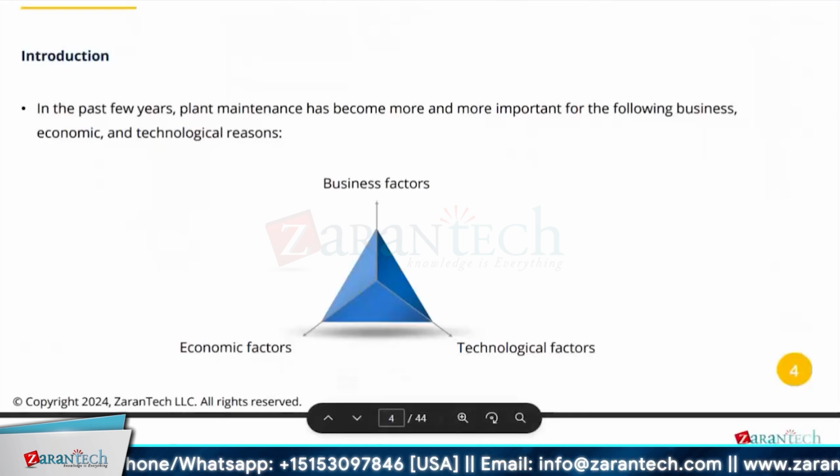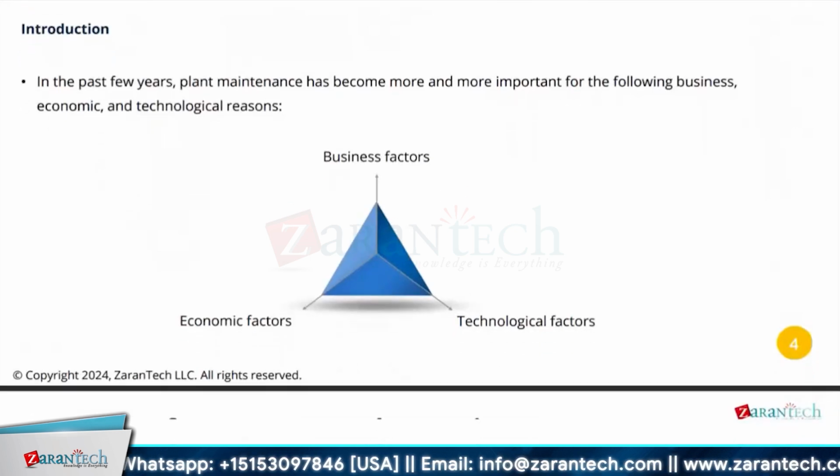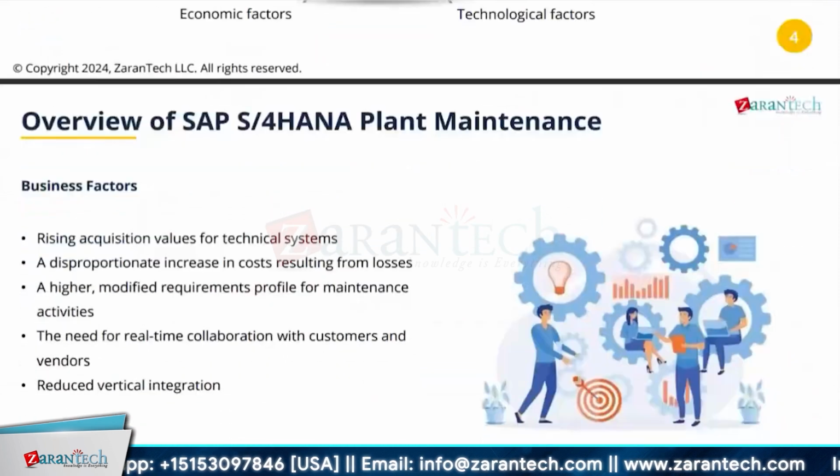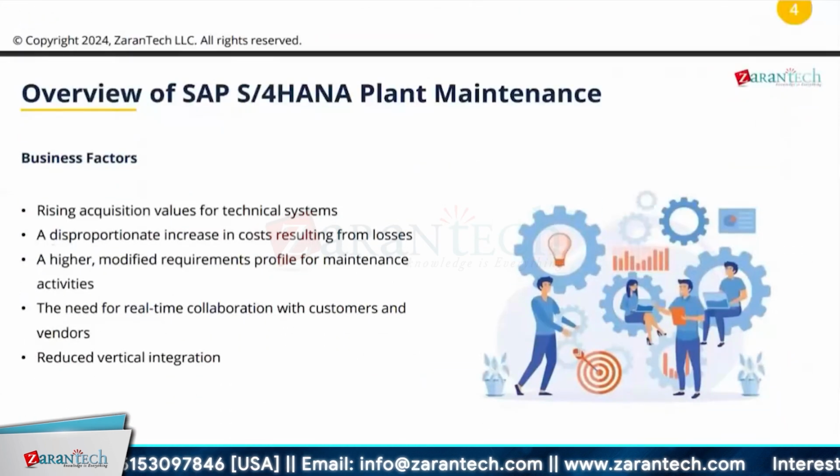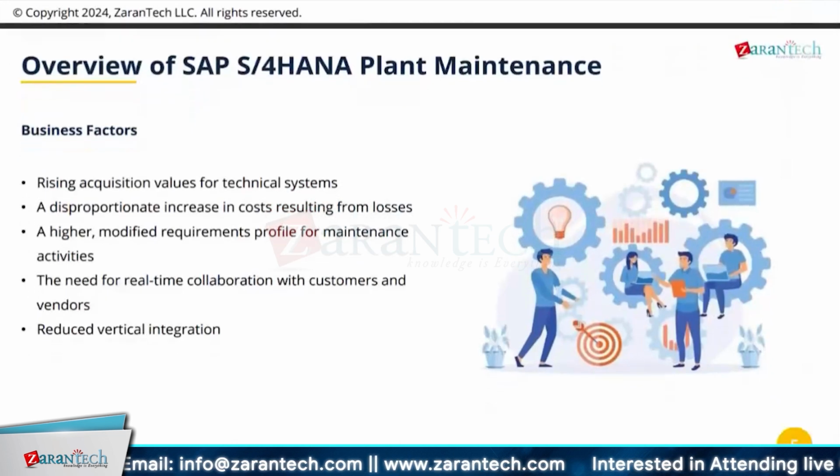All three factors are more important for us these years. So what are the business factors? Rising acquisition values for technical systems, disproportionate increase in costs resulting from losses, a higher modified requirement profile for maintenance activities, the need for real-time collaboration with customers and vendors, reduced vertical integration.